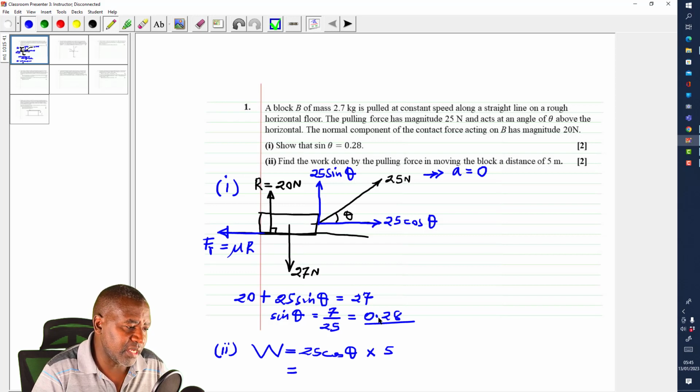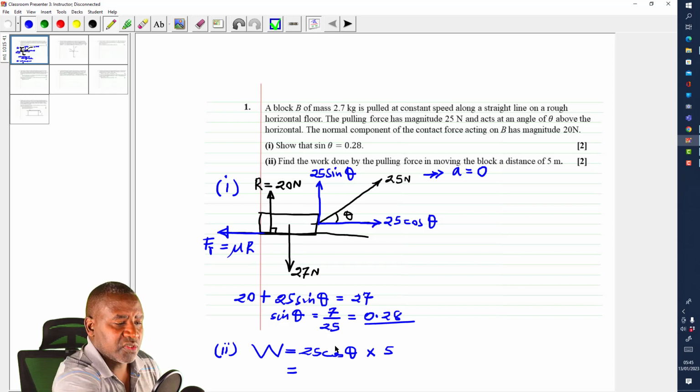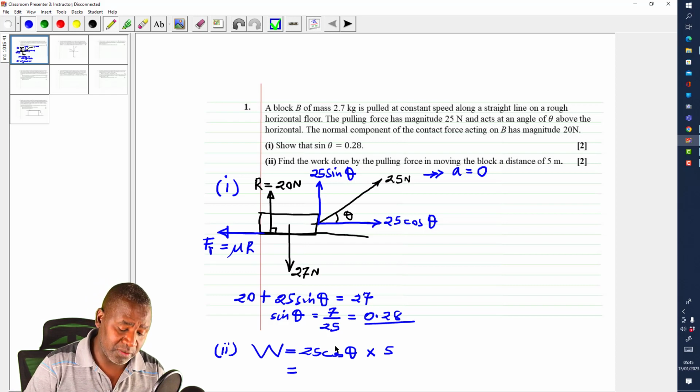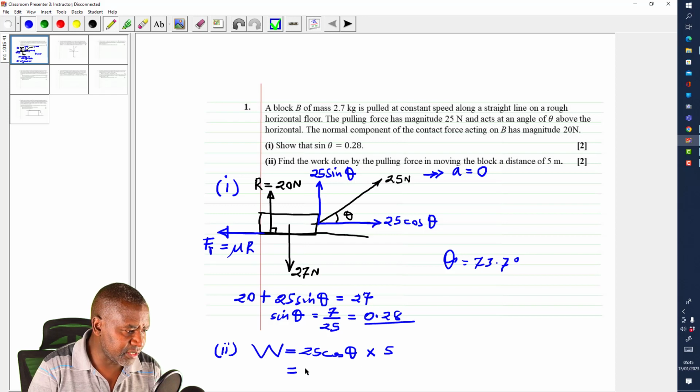And since we know sine theta to be 0.28, I can work out that theta. So shift sine inverse of 0.28, and that angle is 16.3 degrees. So since theta is 73.7 degrees, this one will be 25 cos 73.7 times 5.